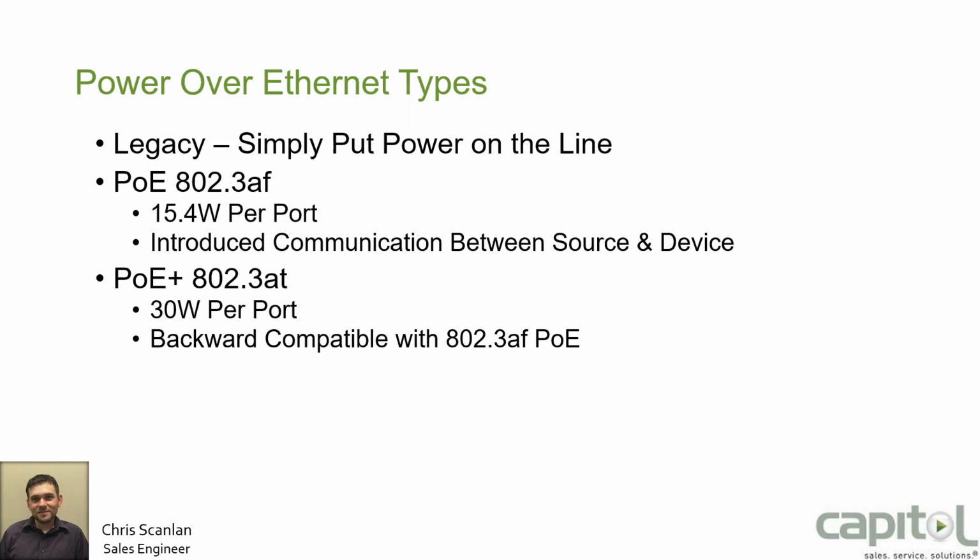Meaning if it's a PoE device rated above standard, it's going to take anywhere from 15.4 up to 30 watts. That lands in the PoE Plus range. If you have a PoE Plus switch, it is backwards compatible with standard PoE. So when in doubt, get a PoE Plus, is all I'm saying.